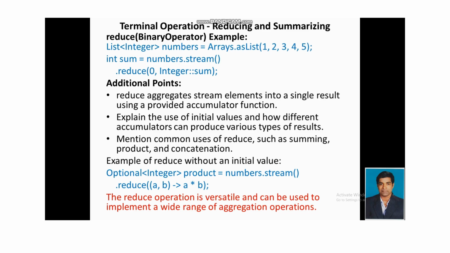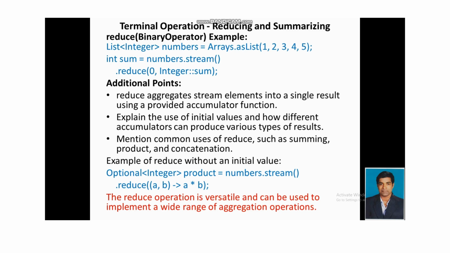Reduce aggregates stream elements into a single result using a provided accumulator function. Explain the use of initial values, and how different accumulators can produce various types of results. Mention common uses of reduce such as summing, product, and concatenation.